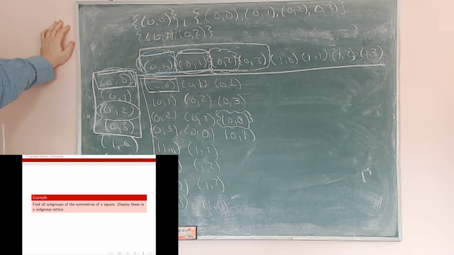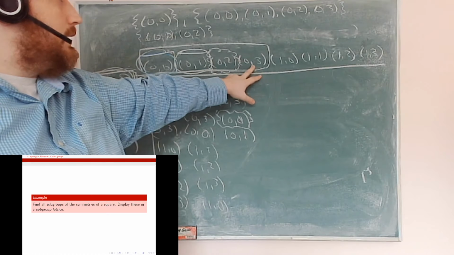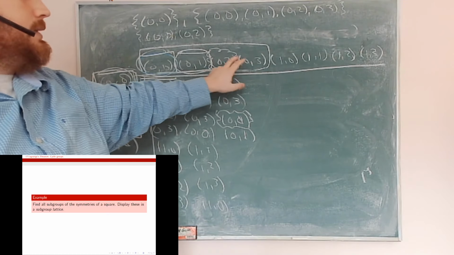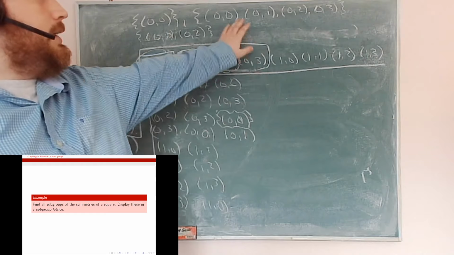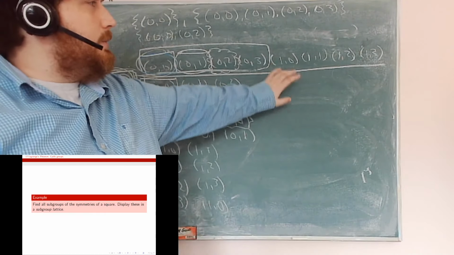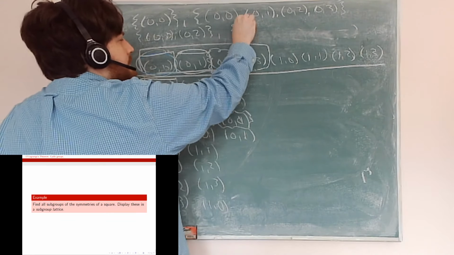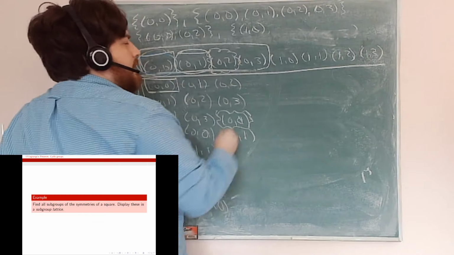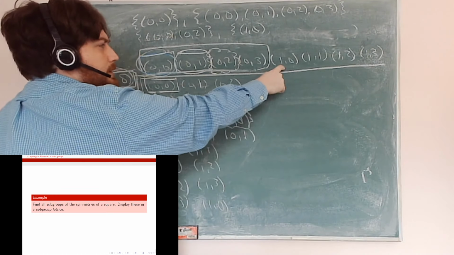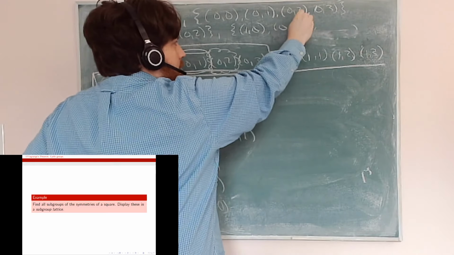Following me so far? What is the group generated by 0,3? I think that's 0,0, 0,1, 0,2, and 0,3 again, right? Which we have up here already. How about the group generated by 1,0? Well, 1,0 plus 1,0 is 0,0, and so actually I'd be closed there.